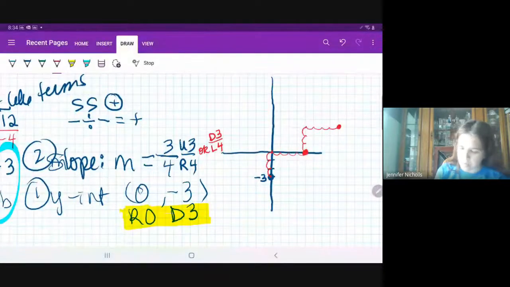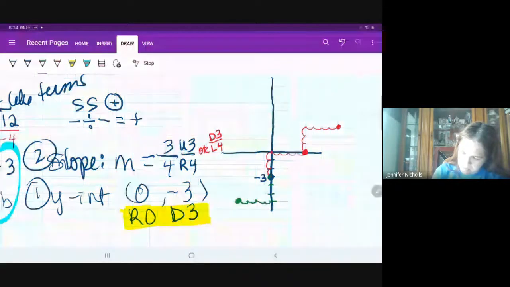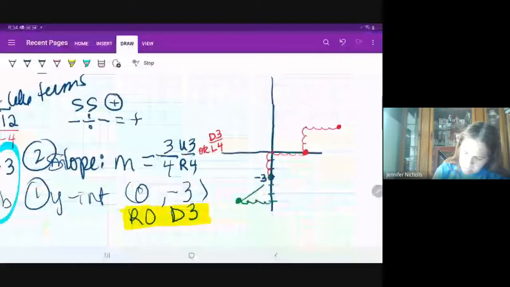So then I go back to my 0, -3, and then I go down 1, 2, 3, and then left 1, 2, 3, 4, right here. Okay, and then that's your line. Oops, I missed. And then you have to label your 1, 2, 3.